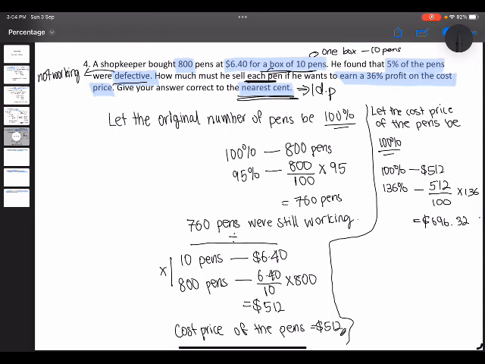So since he sold 760 pens, it represents the selling price.